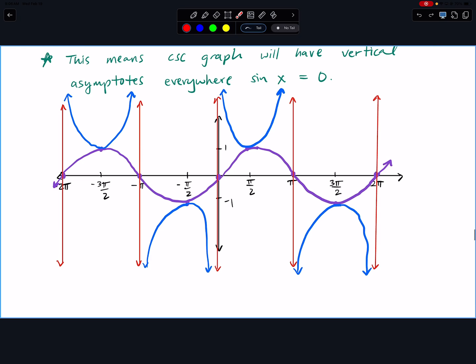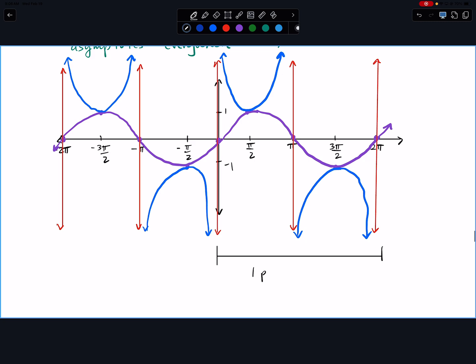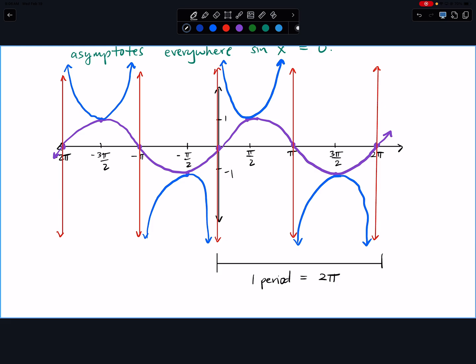Okay, so just like the sine graph, the cosecant graph has a period of 2 pi. So basically, the period is going to have one little u facing up and one little u facing down in one period.